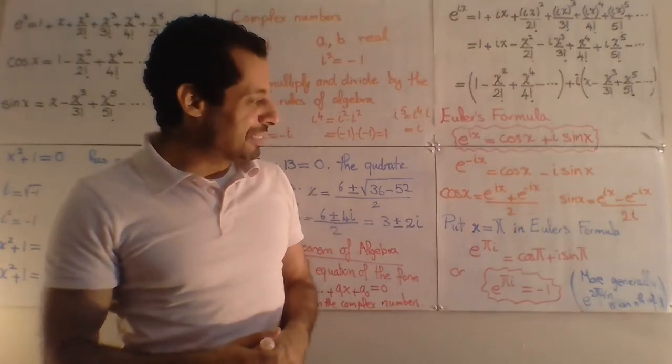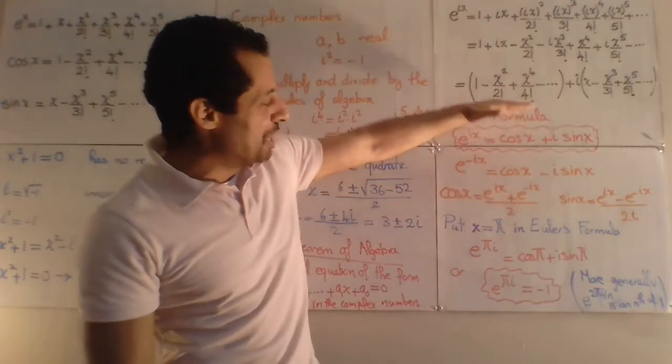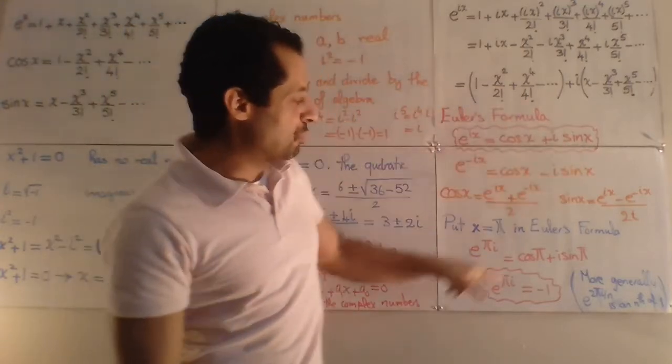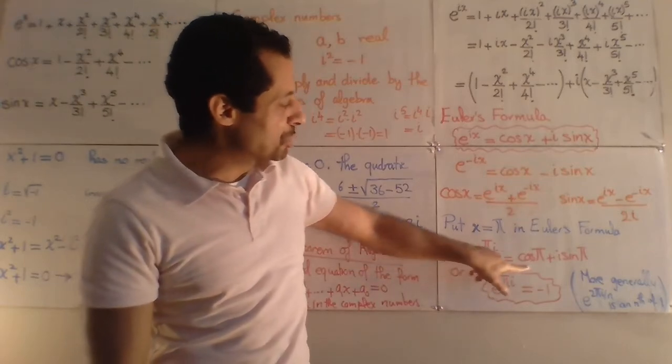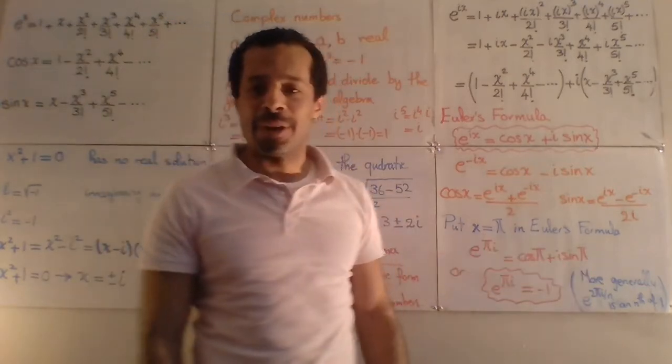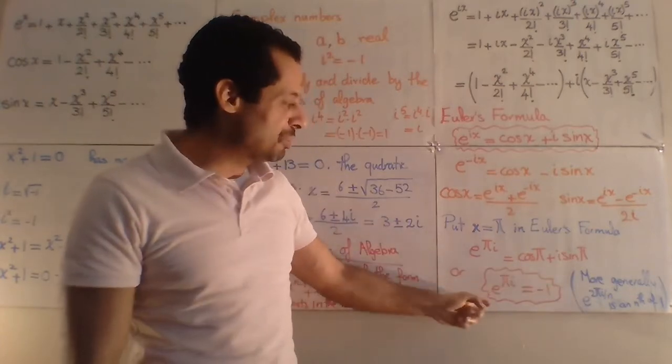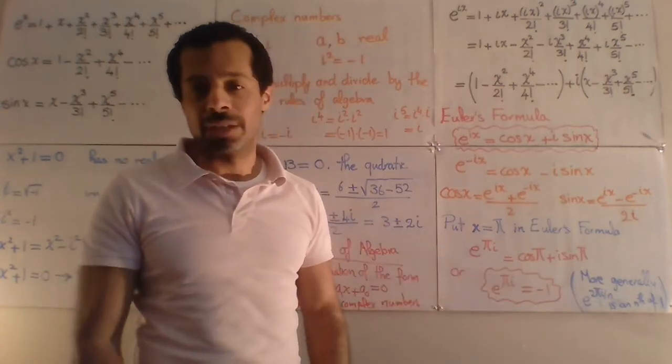And lastly, if we take Euler's formula and replace x by pi everywhere, we get e to the pi I equals cosine pi plus I sine pi. Cosine pi is negative 1, sine pi is 0, so we get e to the pi I equals negative 1.